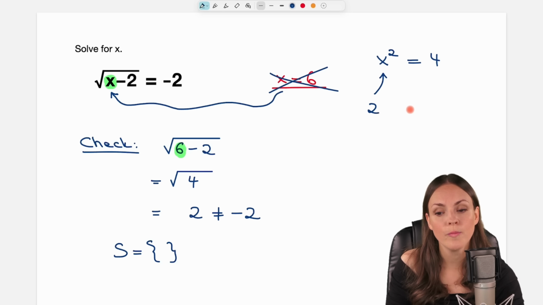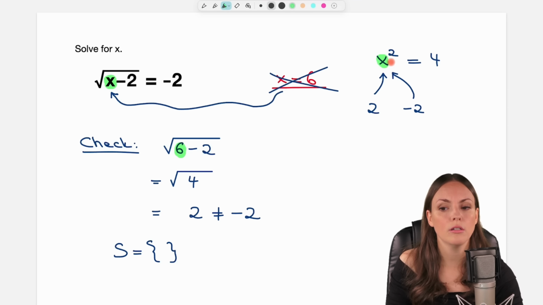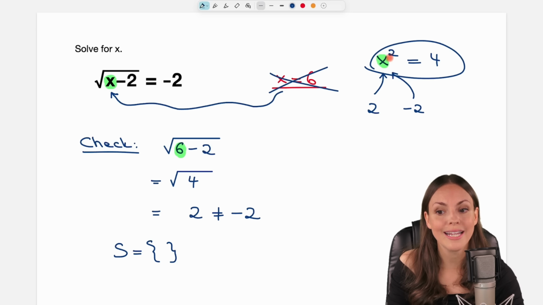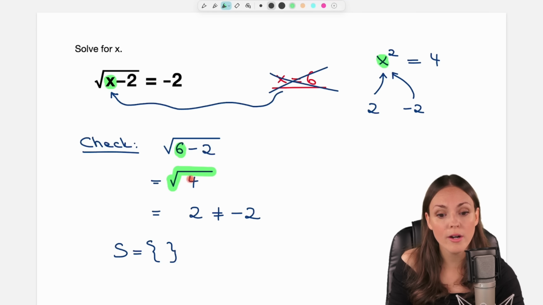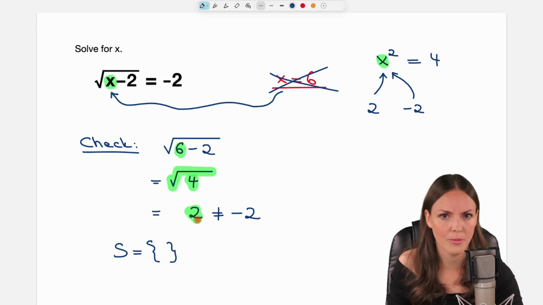You get 2 and negative 2, because if you insert it here for your x and square it, you get 4 as a result. So if you want to solve a quadratic equation, you get 2 solutions, plus and minus 2. If you just want to calculate the square root of a number, then your result is always just the positive number. And this is the big difference.